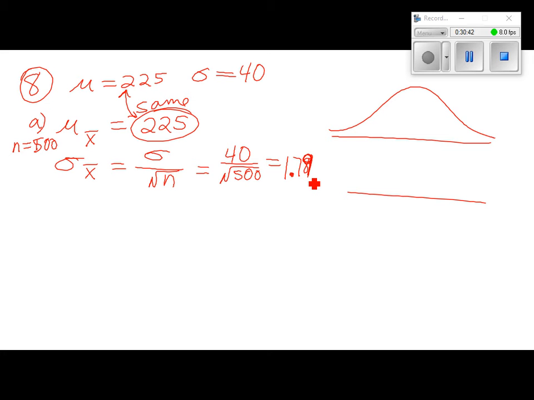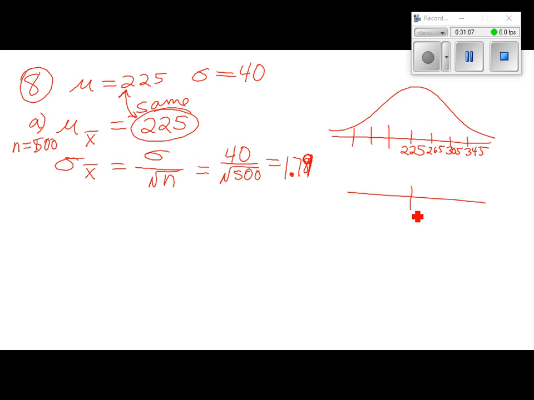What we're doing here is we're taking the original, the mean was at 225. It looks like that, and our standard deviation is about 40. So we go 265, 305, 345. Most everything should fall within 3 standard deviations above or below, right?